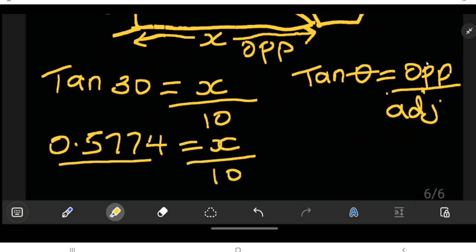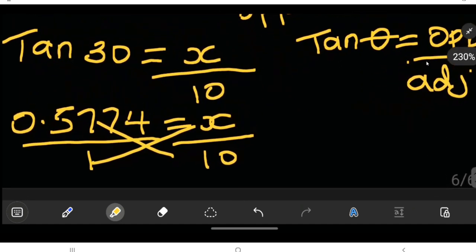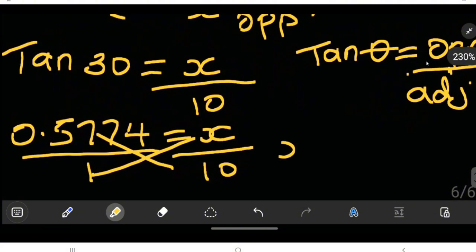So we cross multiply. x equals 0.5774 times 10, which is 5.774, but let's round it up to 5.8.